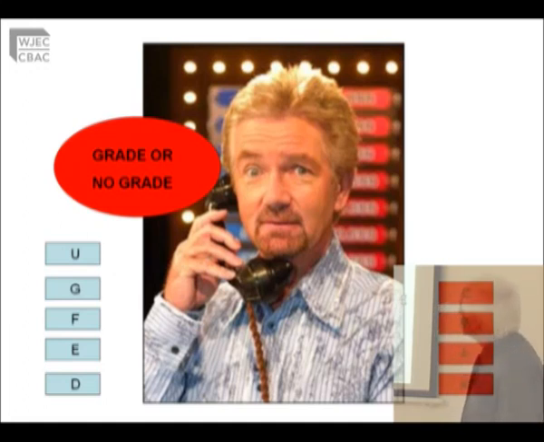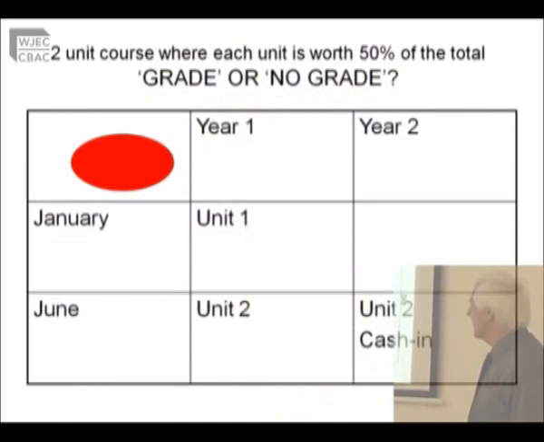Here's a 2-unit course. Each unit is worth 50%, and that's what the candidate has done. In year 1, he's done Unit 1 in January, Unit 2 in June, and then in year 2 he's done Unit 2 again, and asked for a cash-in. Will he get a grade? Grade or no grade? Grade. Yes. No problem.